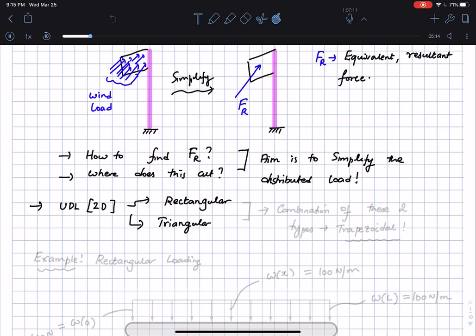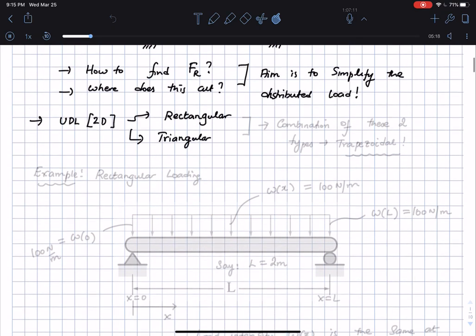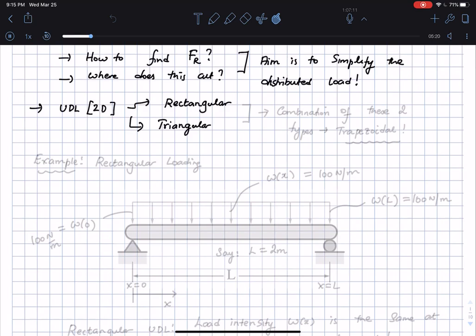and you can also have for example, a trapezoidal loading, but a trapezoid is nothing but a combination of a rectangle and a triangle. So sometimes you can have a combination of these two types, which will be some kind of a trapezoidal loading.